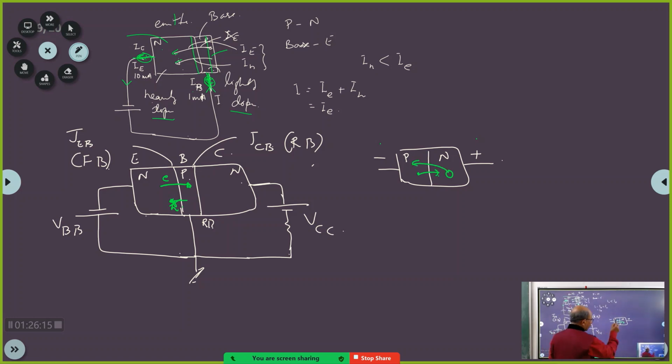That means the minority charges in this region and the minority charges in this region will now get more energy to cross the junction.